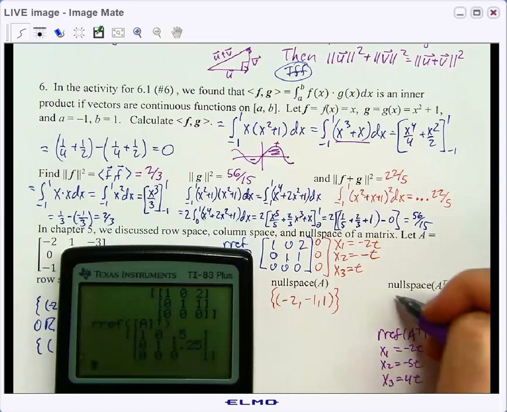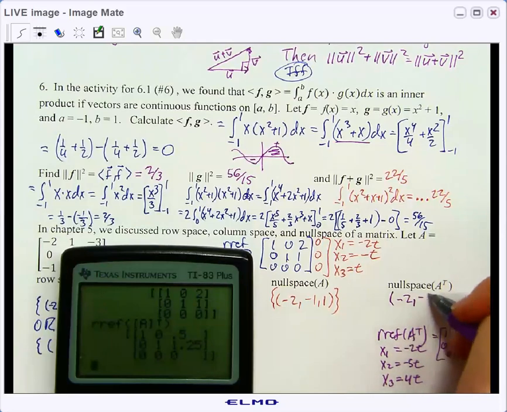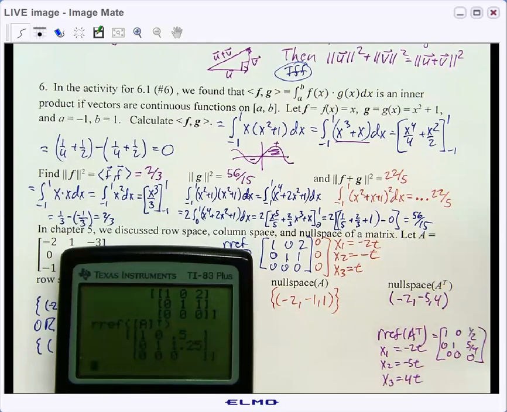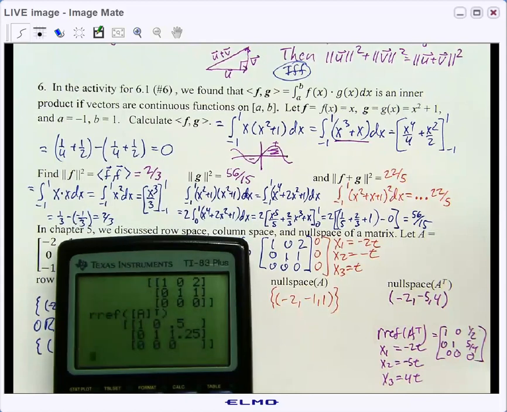So the null space of A transpose is going to be negative 2, negative 5, and 4. So we'll stop the video right here and pick up on the next one.